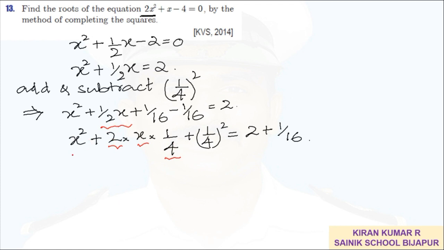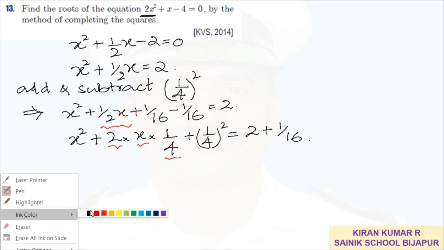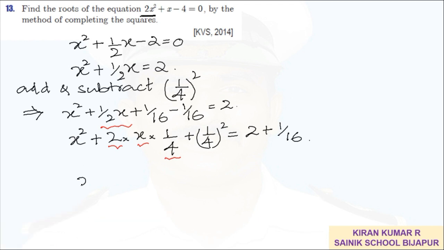Therefore, this particular thing which is there in the left hand side will be like a square plus 2ab plus b square, nothing but a plus b whole square, in this case x plus 1 by 4 whole square, equal to, what is the sum of 2 with 1 by 16?